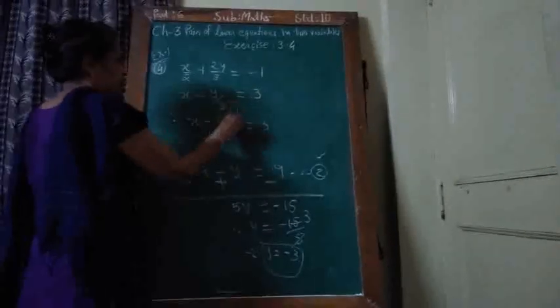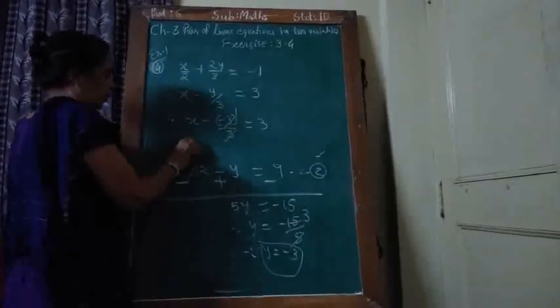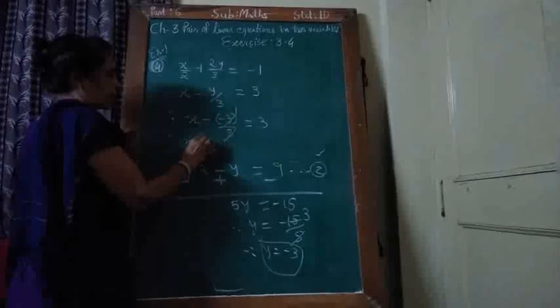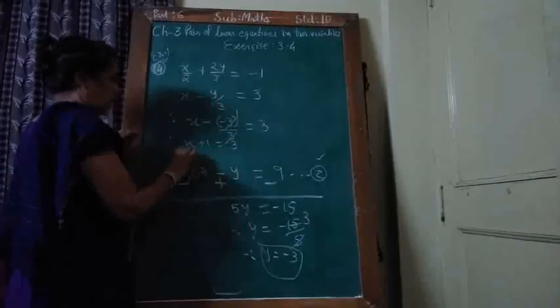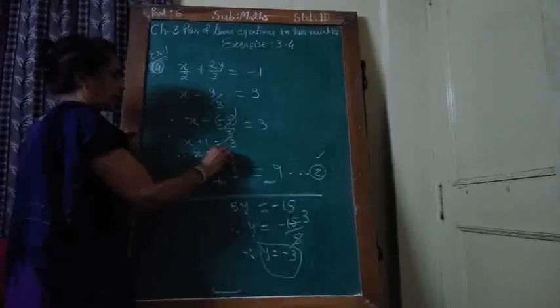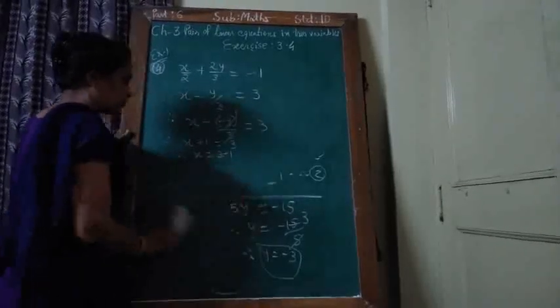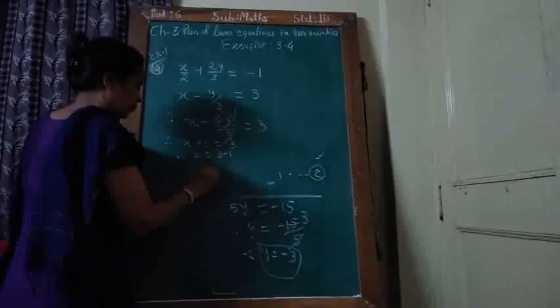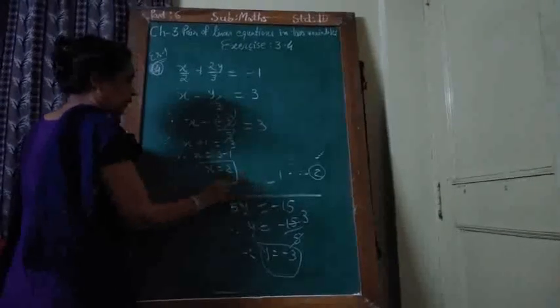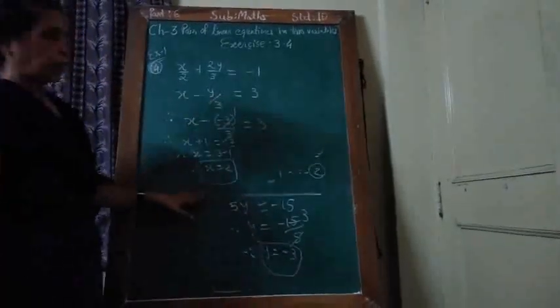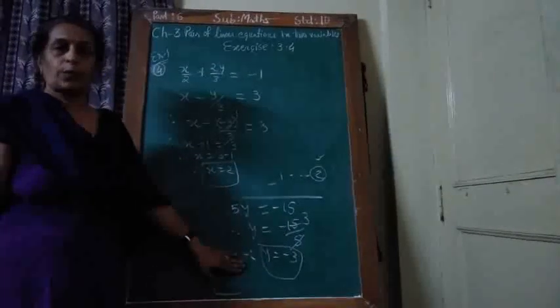And see 3 times 1 is 3. And therefore you get x minus minus, plus 1 is equal to 3. And therefore x equal to 3 minus 1. And therefore you get x equal to 2. Okay. So this way I have obtained the solution x equal to 2, y equal to minus 3.